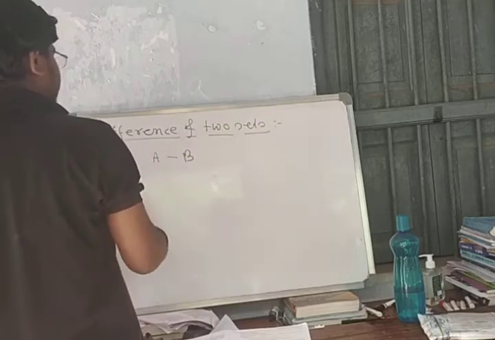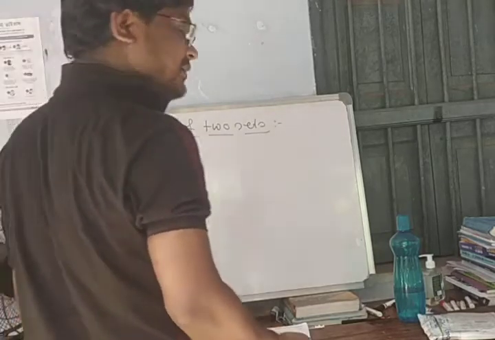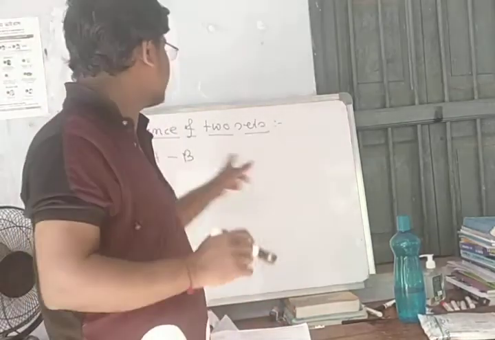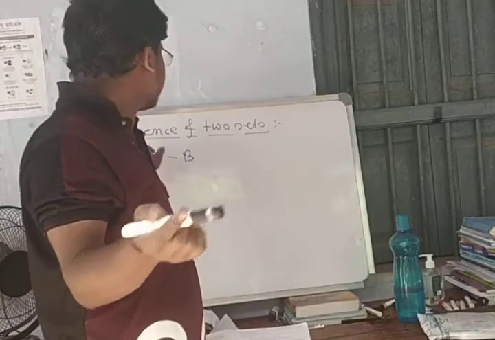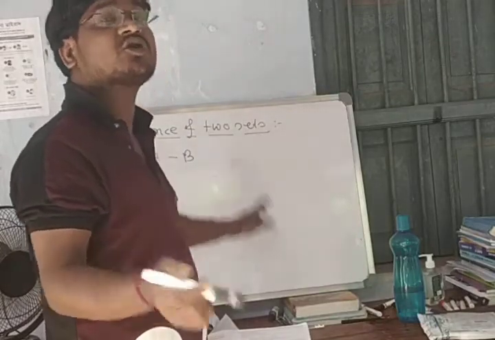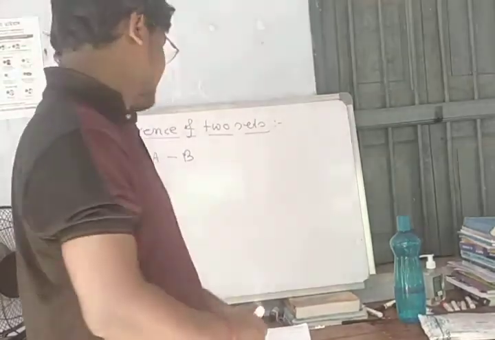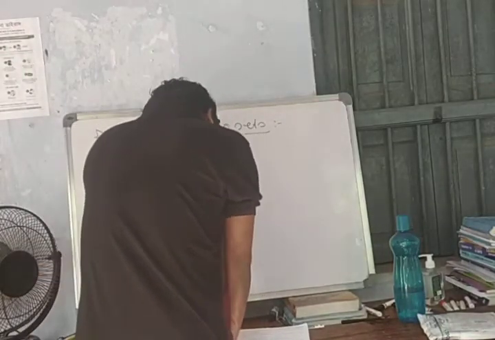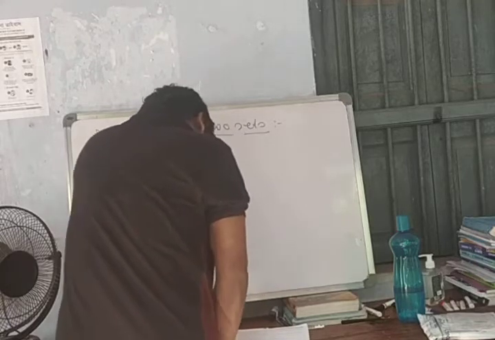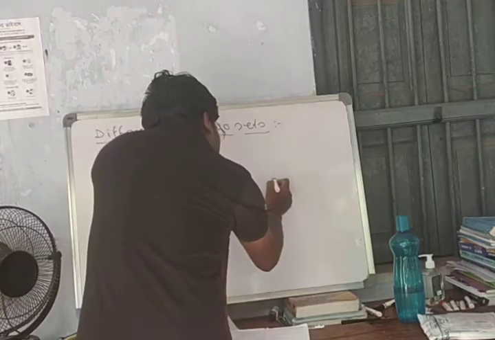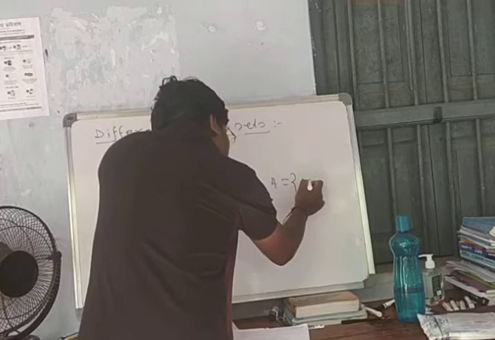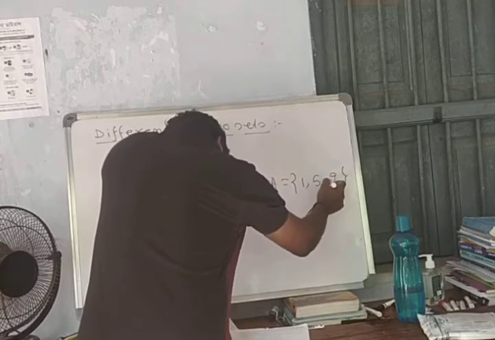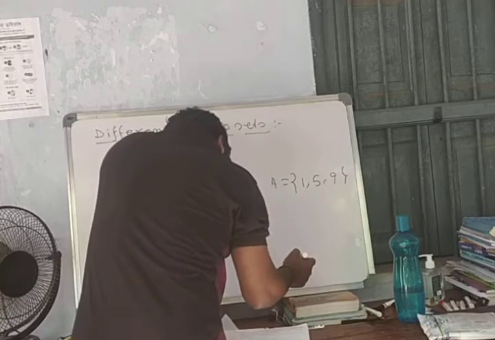In sets, A minus B means the set of elements in the set A which do not belong to the set B. Suppose I take it here.